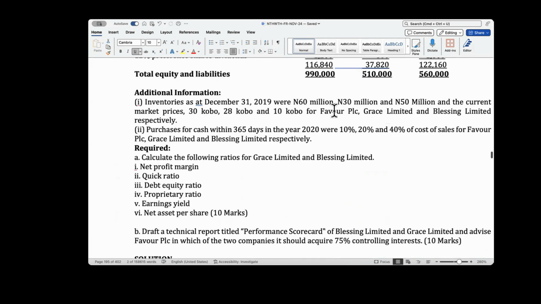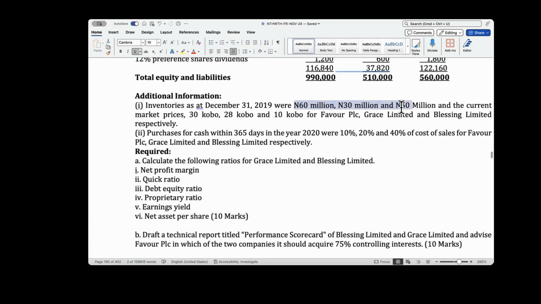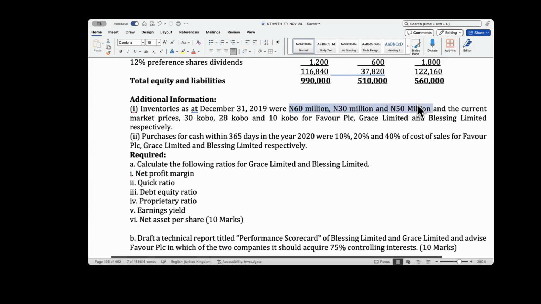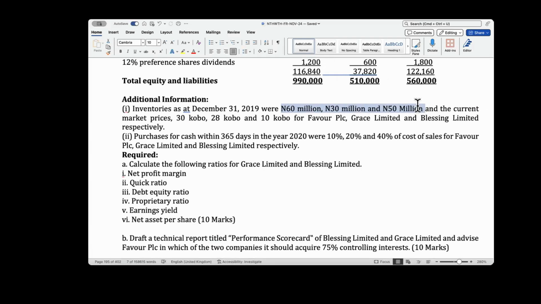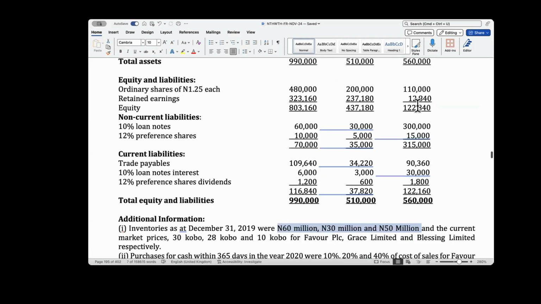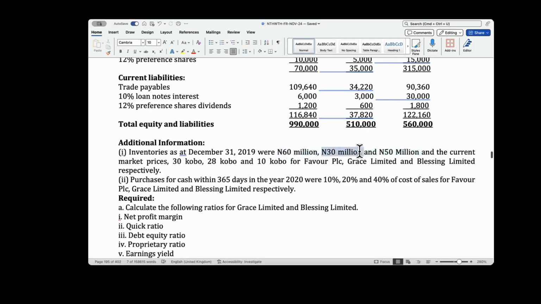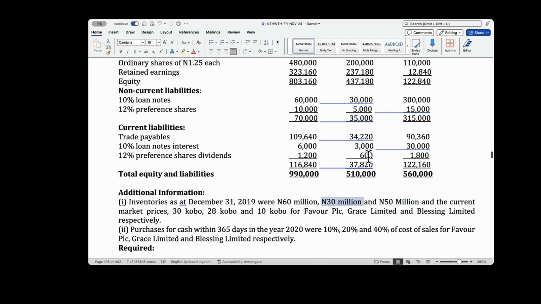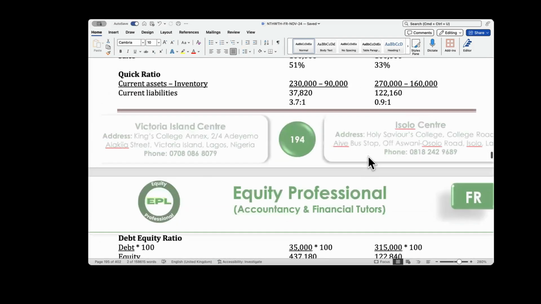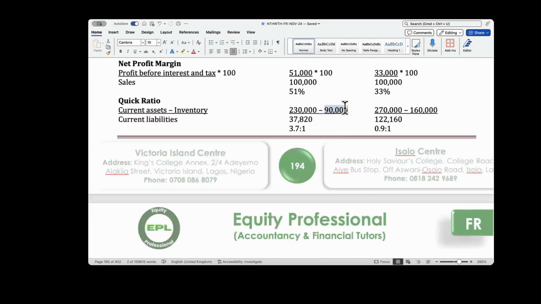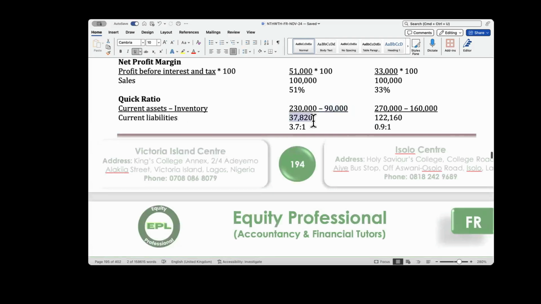So even though the guy gave me opening inventory here, I ignored it. I used my closing inventory. Ordinarily, a lot of people will have just used average, but I'm not going to do that. You always use closing. So divided by current liabilities.